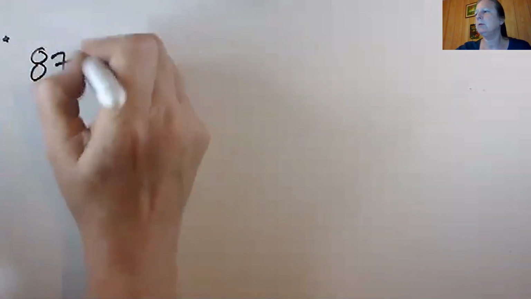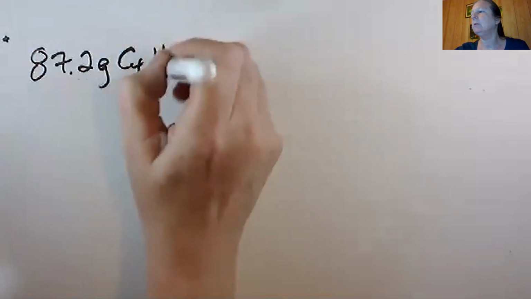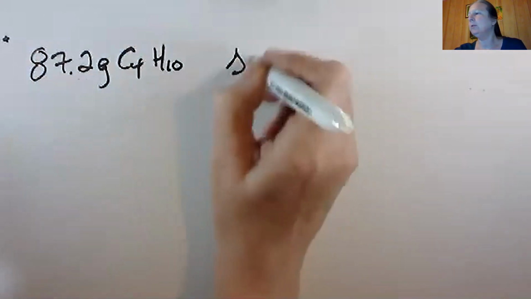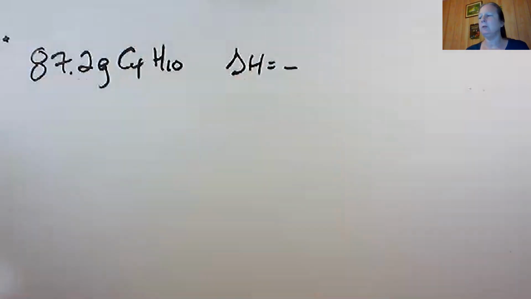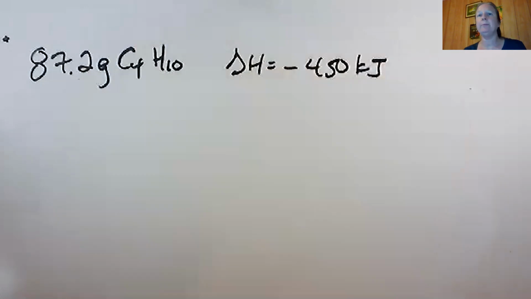So the statement is burning 87.2 grams of C4H10 released delta H is negative 450 kilojoules of energy. Okay? That's the symbols for the words I just said. Put this energy into the balanced reaction.